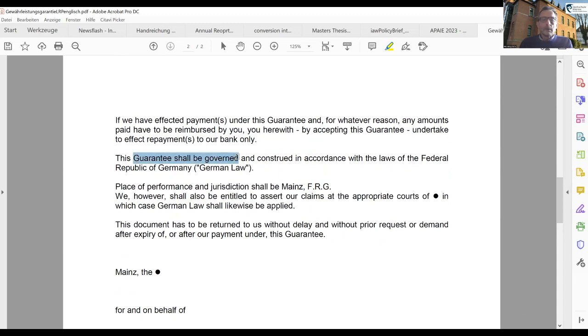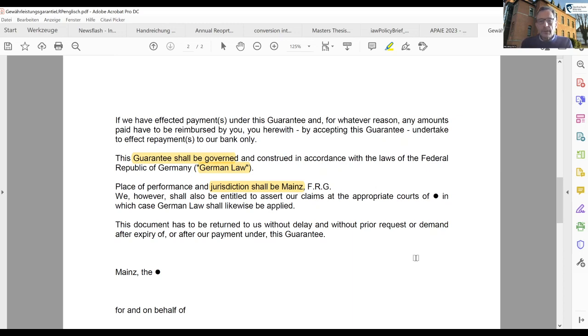Then again, in that case, the guarantee shall be governed by German law, can be any other. And also the second thing you have to have is a place of jurisdiction. So law and jurisdiction.